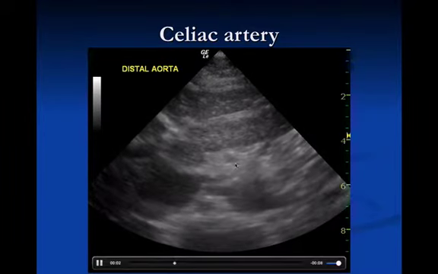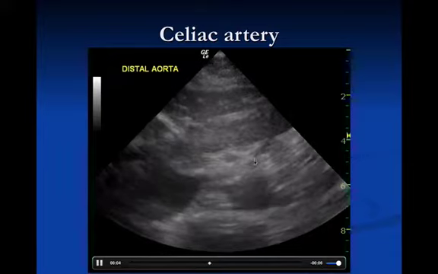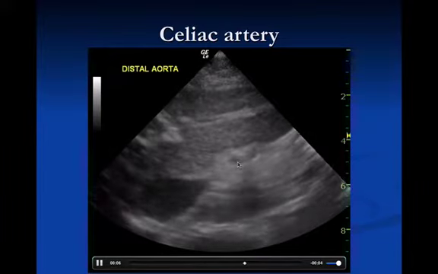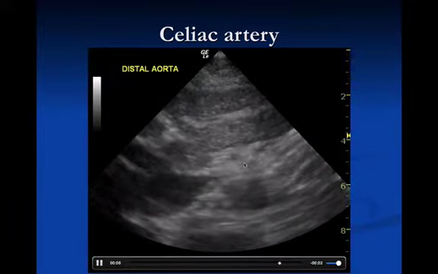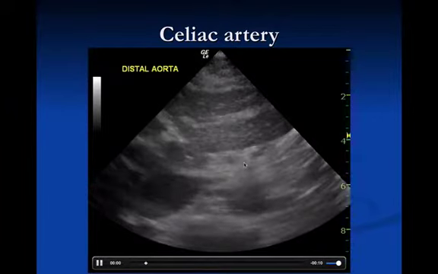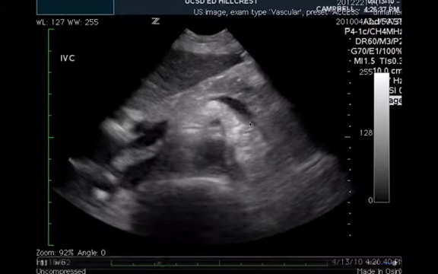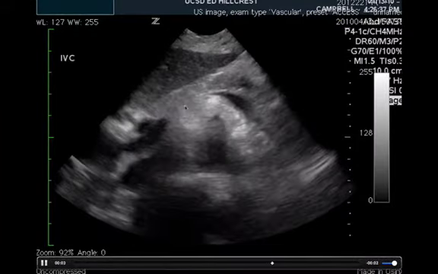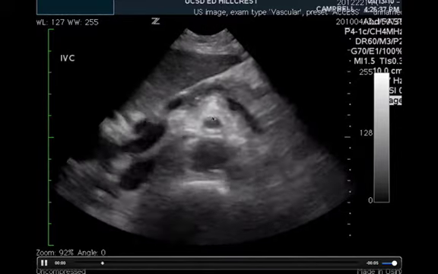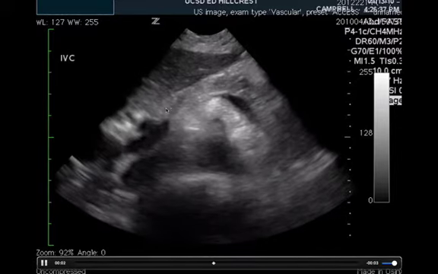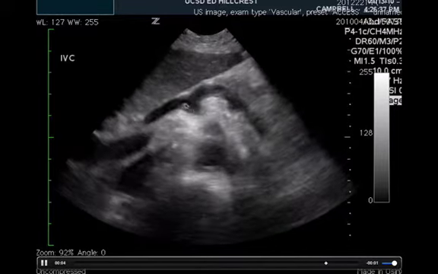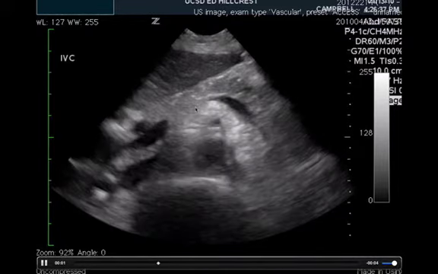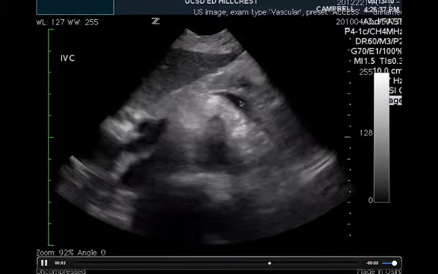Here's one more example of a very small celiac artery. You see the branches coming together right here to form the celiac artery. And finally, this is one more example of a large celiac artery. You can see here the branches of the celiac right here.